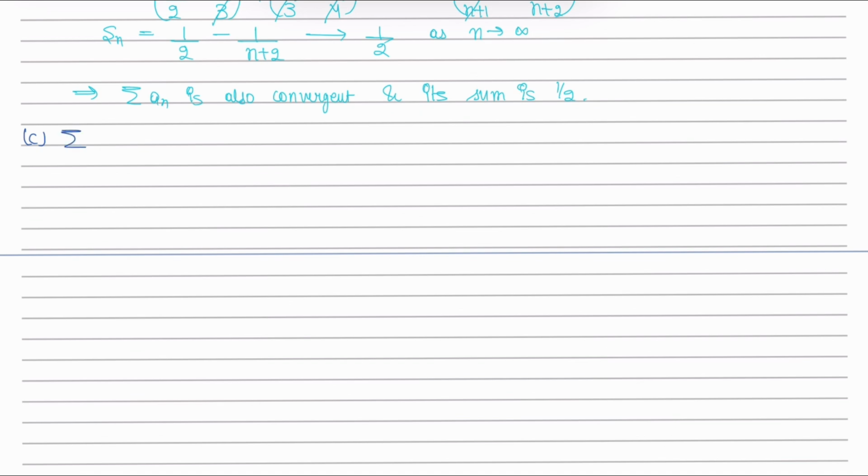Summation n running from 1 to infinity of 6 upon 2n minus 1 into 2n plus 1.